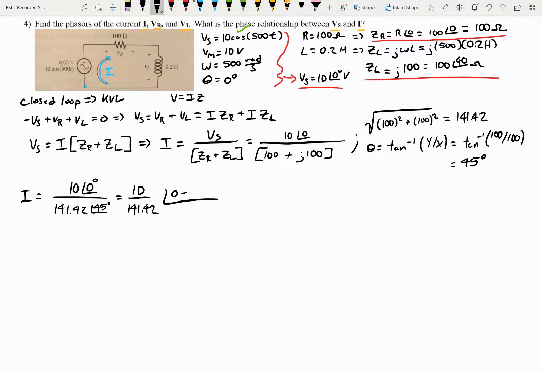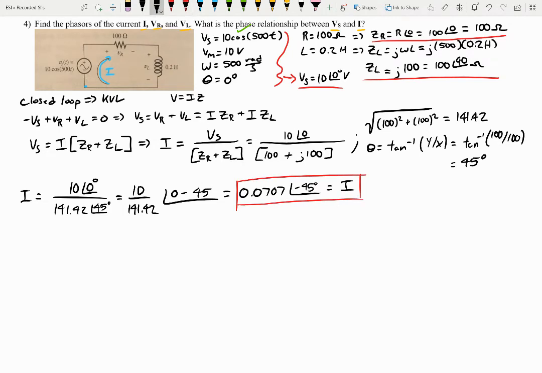We'll subtract the angles, subtract the bottom from the top. And we'll get 0.0707 at an angle of negative 45 degrees. And that is our current in phasor form.